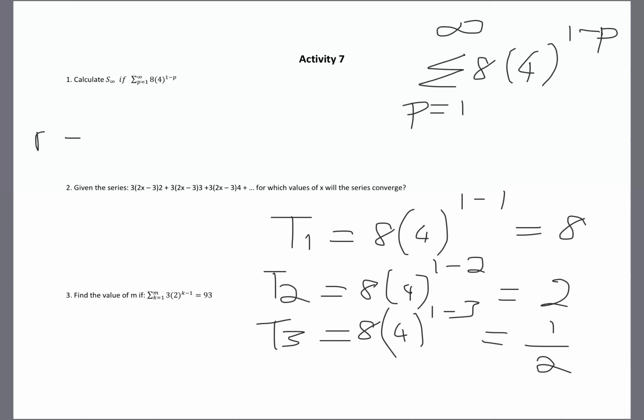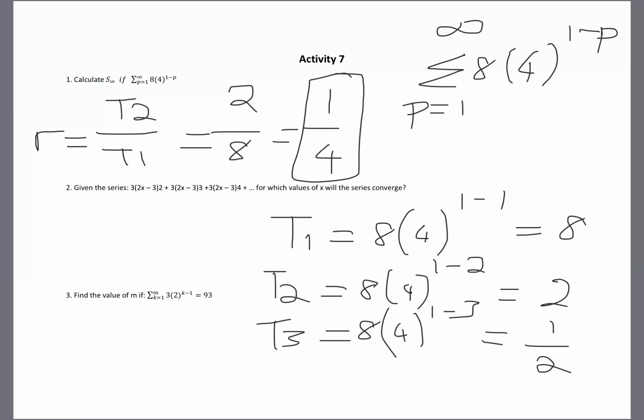So R is equal to T2 over T1, which is going to give me 2/8, which is equal to 1/4. So do you agree with me that my R is between -1 and 1?